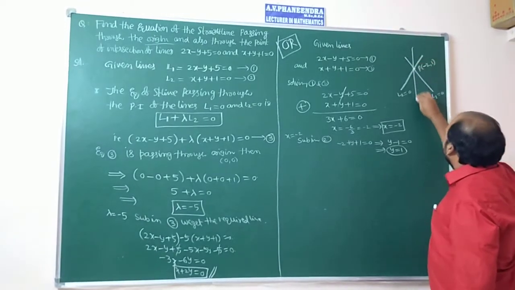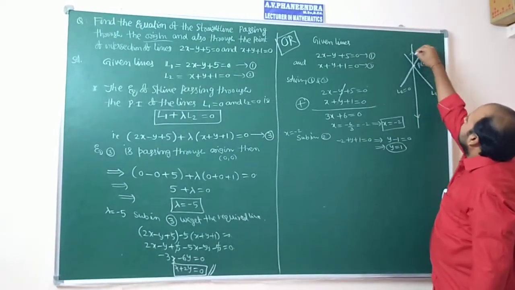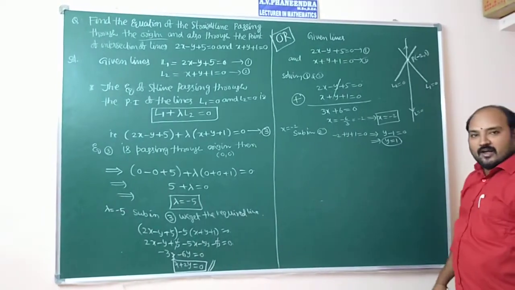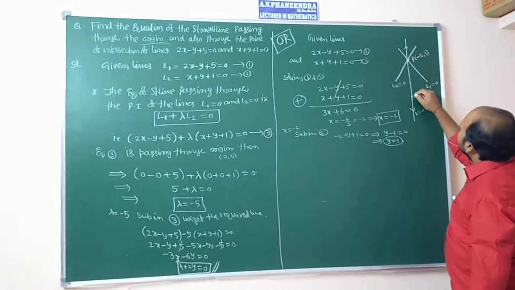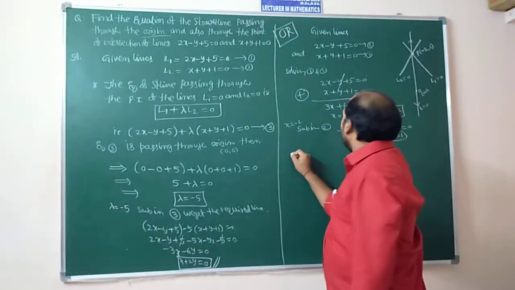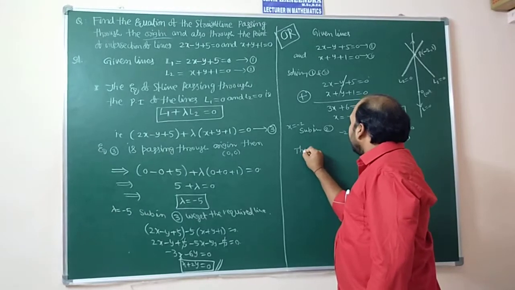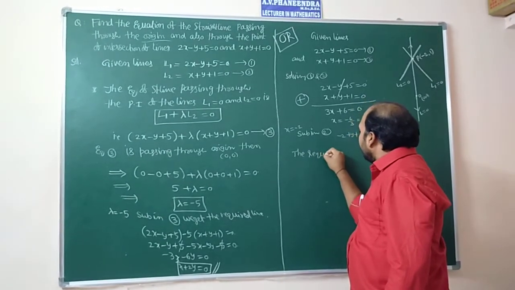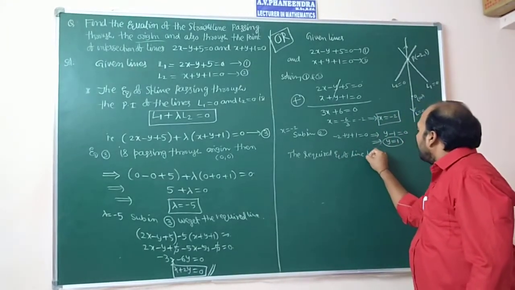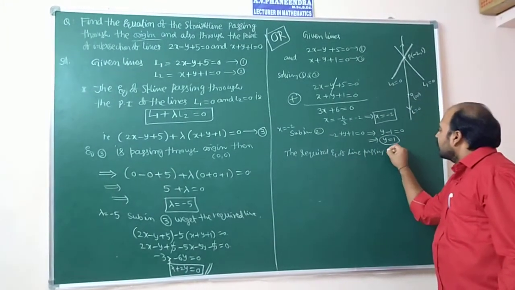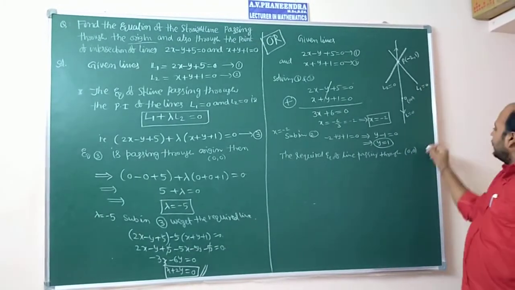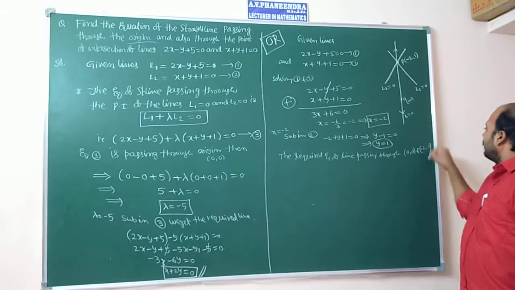The required line is passing through the origin 0 comma 0 and minus 2 comma 1.